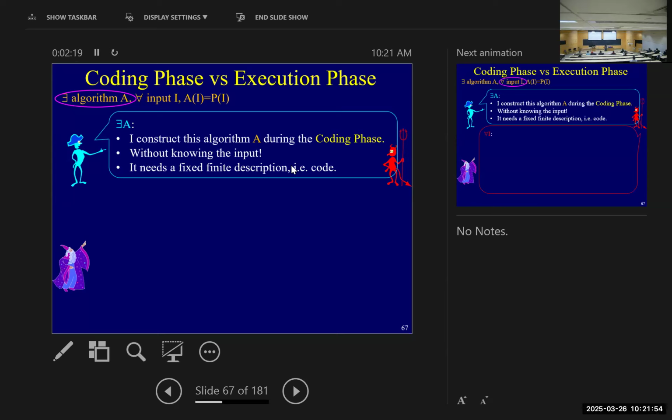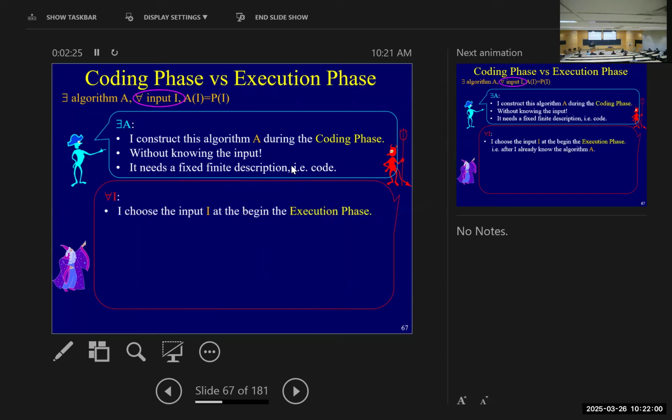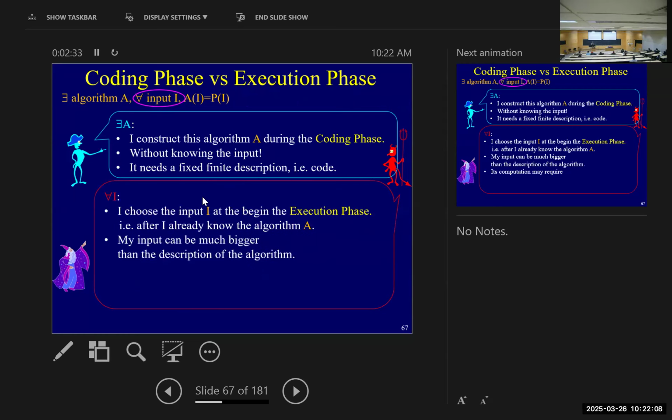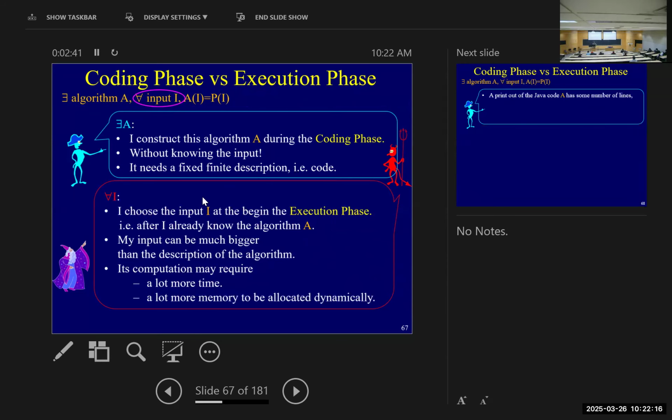What data structures are you going to use? And then the adversary comes up with the input knowing all of that, right? His input can be bigger, of course. It could require a lot more computation. It requires a lot more space, right?